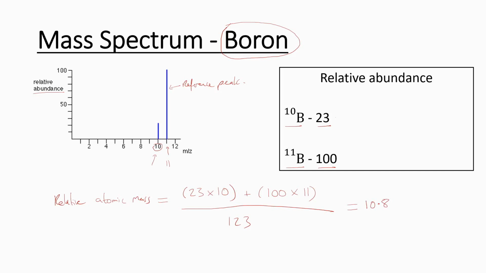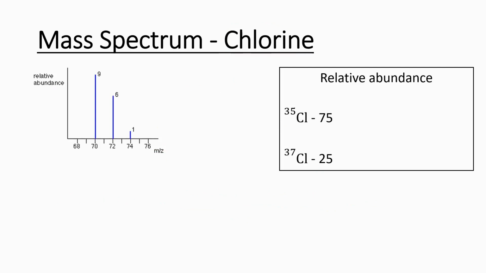You can also calculate the relative molecular mass in the same way. But we normally do this for atoms because this allows us to work out relative atomic mass for atoms which exist as different isotopes. Let's now look at a more complicated example of chlorine. Now chlorine has two isotopes, Cl35 and Cl37.